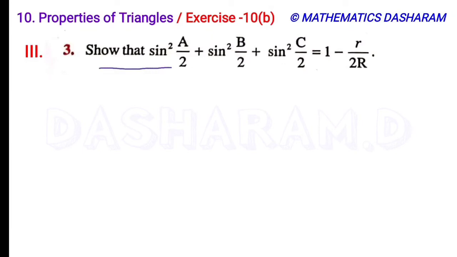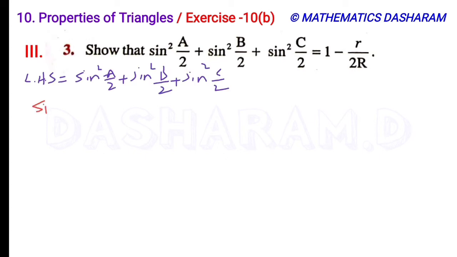Third problem: show that sin²(A/2) plus sin²(B/2) plus sin²(C/2) equals 1 minus r/(2R). So we have one identity, that is sin²θ plus cos²θ equals 1.